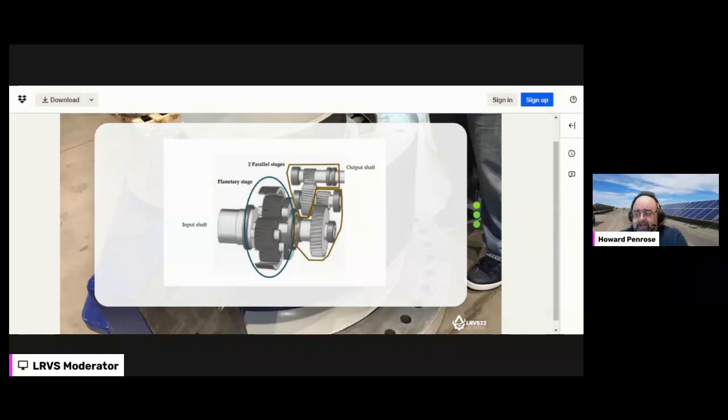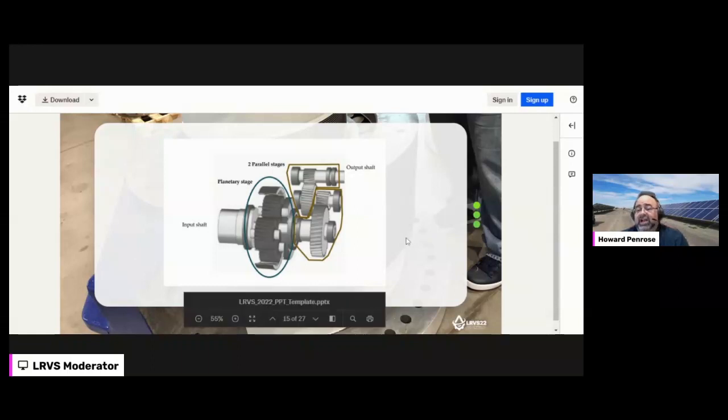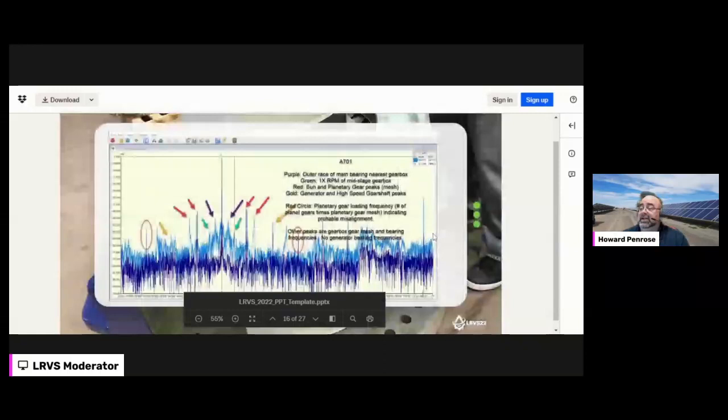Sometimes they're a dual planetary, but a majority of them are a single planetary gear set. The planetary gear set, which is generally turning 14 to 20 RPM, it sees a lot of the stress. So we usually will see either a planetary gear problem or high-speed gear or bearing problem. Go on to the next slide, please.